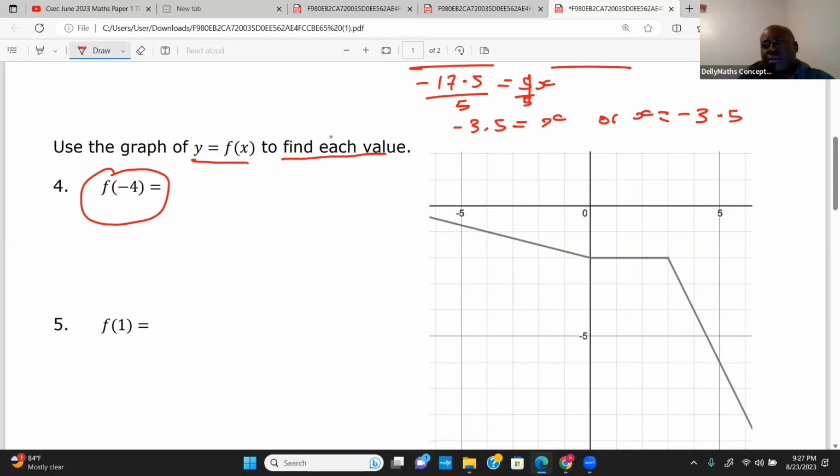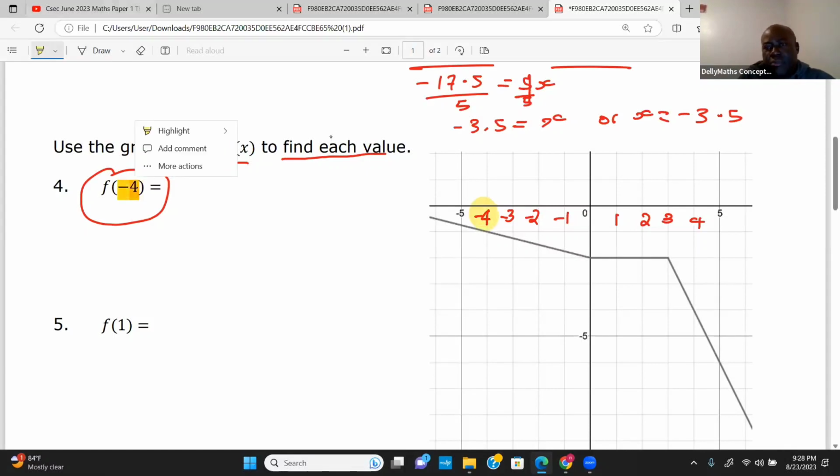Now, if we're not sure, we could put some labels on this graph. For example, 1, 2, 3, 4, negative 1, negative 2, negative 3, negative 4. What we want to find is f of negative 4. So I'm going to go on the x-axis right here because this is an input value, right?